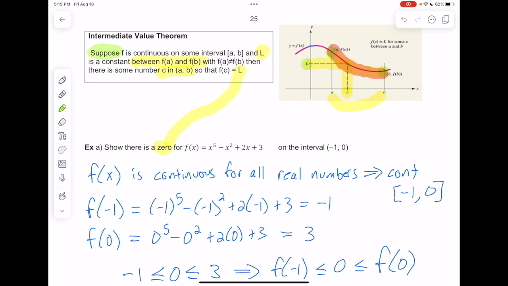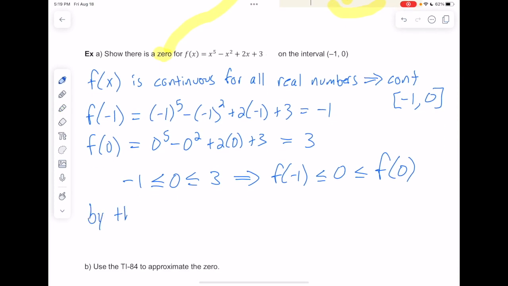Yes, because it was a polynomial. And then did we show that we had a number that was in between the two endpoints? Yes, 0 was in between f of -1 and f of 0. Okay, we've shown all of the suppose parts, so we get the then part. According to the intermediate value theorem, there is a c somewhere in the open interval. So let's write that down.